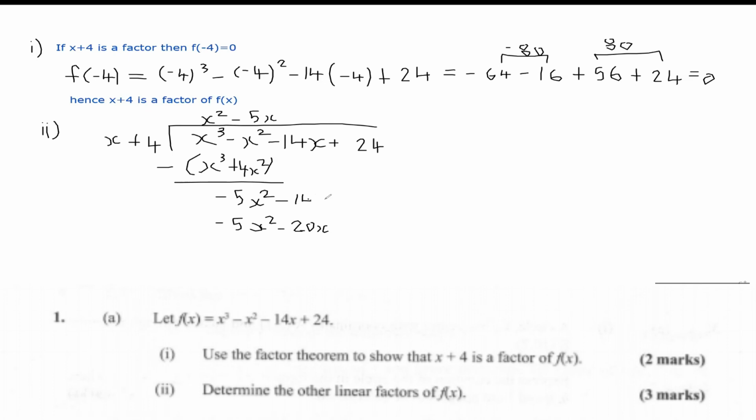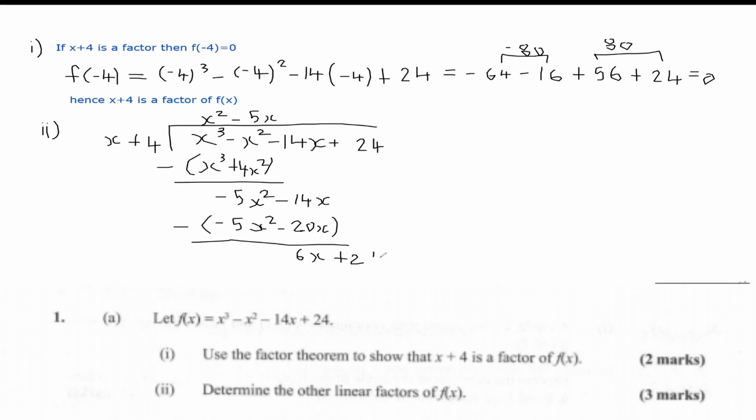So when we bring down our minus 14x here, now we can go ahead and do the subtraction. When we do our subtraction, what's going to happen is minus 5x squared minus minus 5x squared, those cancel. Minus 14x minus minus 20x, that just becomes 6x. And then we bring down our 24.